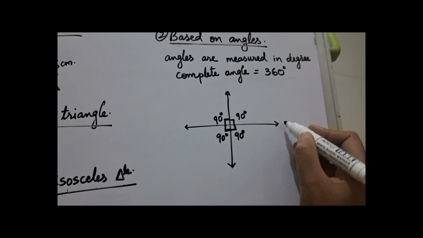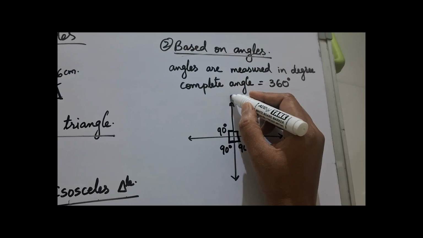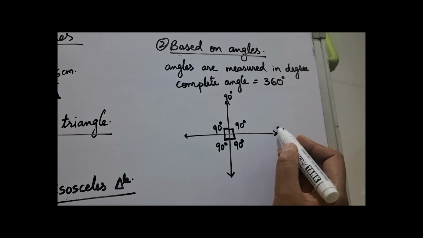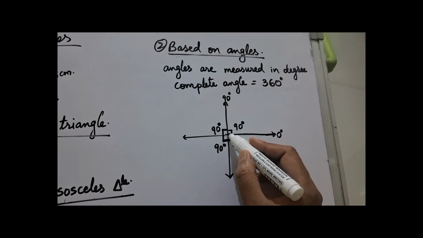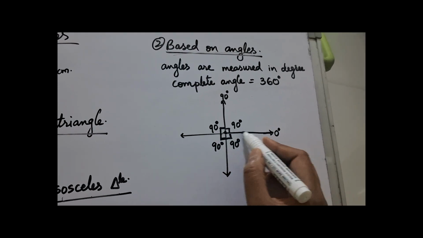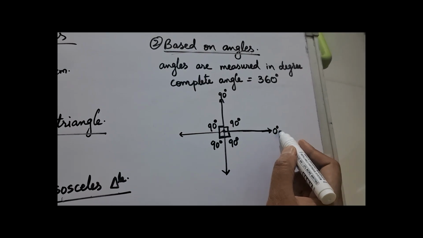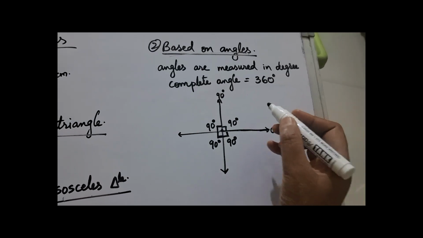Right? Now, from 0 degrees to 90 degrees. Okay? This is 0 angle. When the two arms of the angle come in the same straight line, then it is 0 degrees. Okay? 0 angle, or 0 degrees angle.